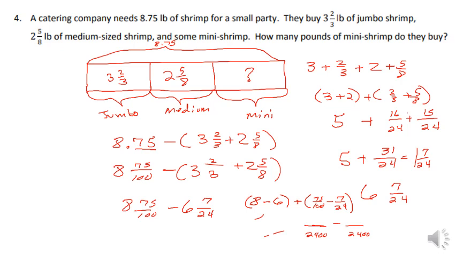Now when we multiply 24 and 75, let's come over here. 75 times 24, it's going to be 300. Now put a placeholder. 2 times 5 is 10. Carry 1. 2 times 7 is 14, plus 1 is 15. So now we get 1800. So we get 1800/2400.